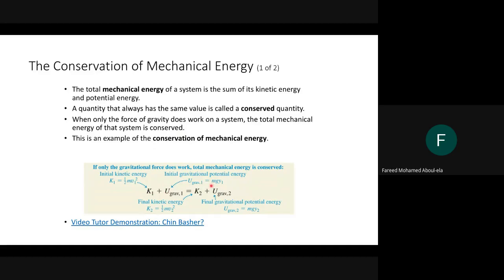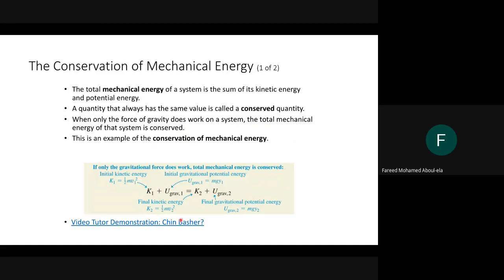It says that the sum of the kinetic energy and the potential energy at the beginning equals the total mechanical energy at the end. And so we can use this in problems. We can do calculations by setting the sum of the initial kinetic and potential energy equal to the sum of the final kinetic and potential energy.